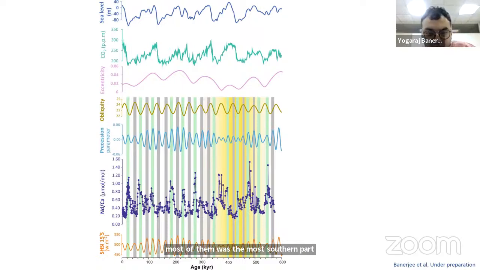However, close to 370 kilo year, there is a unique configuration of the precession parameter. The precession was very low, and there are two small fluctuations under one obliquity maxima, and during that particular time we have a higher precipitation also.